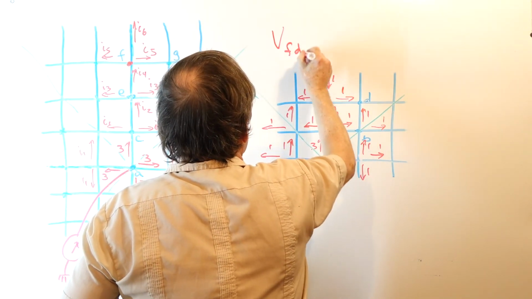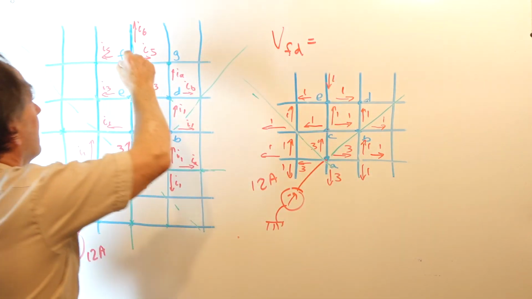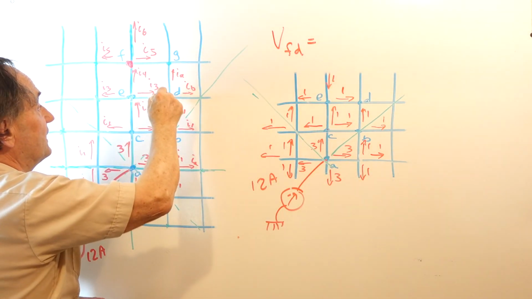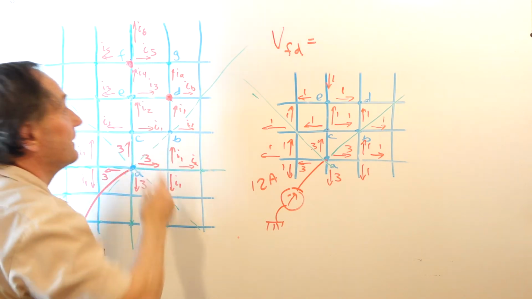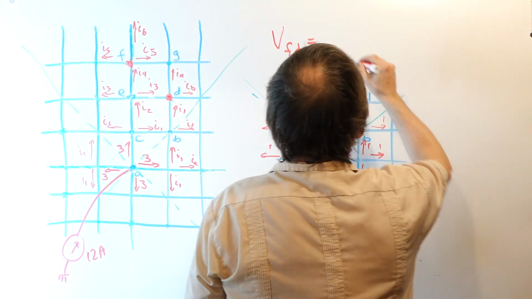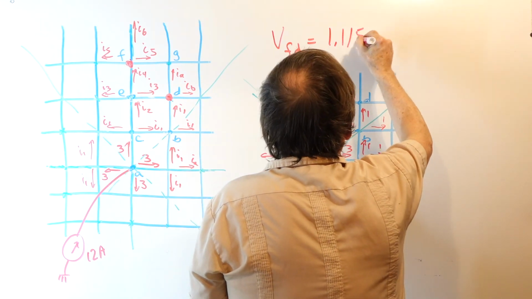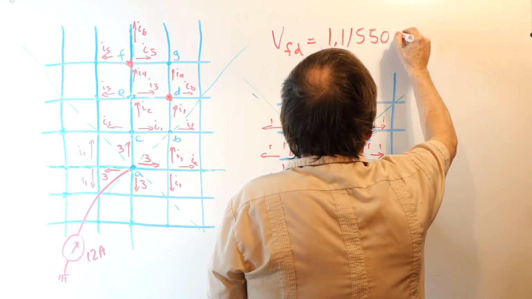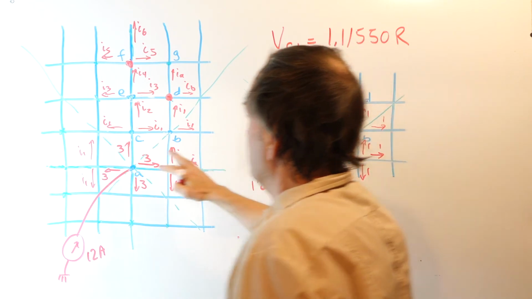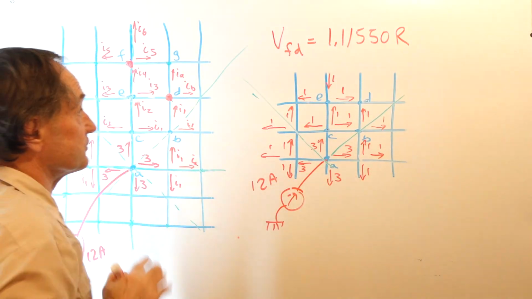The voltage across between F and D is equal to 1.1155 R, where R is the value of the individual resistors in the network.